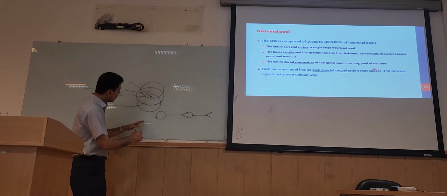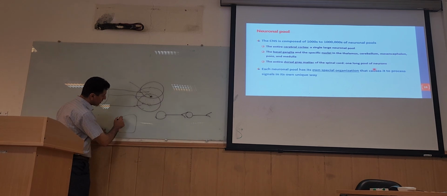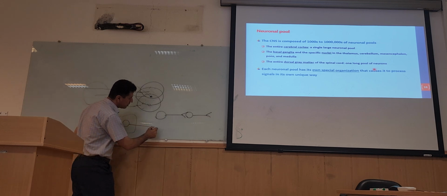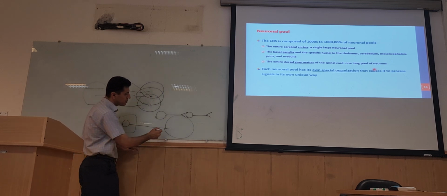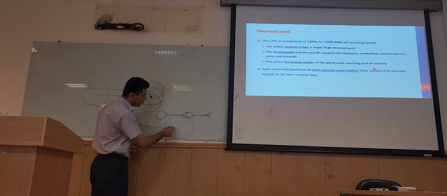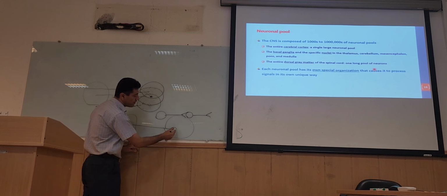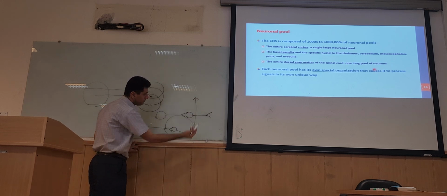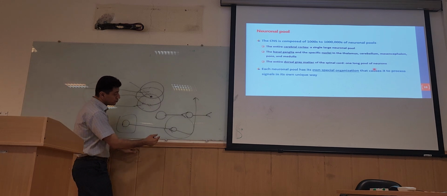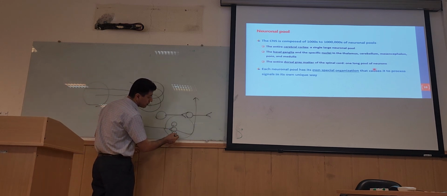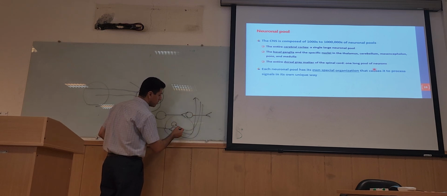So we have seen that the receptor in the skin brings the information to the spinal cord. What happens in the spinal cord? Do we have one neuron which has synapse with this neuron and it goes off? Usually no. Usually we have several neurons.